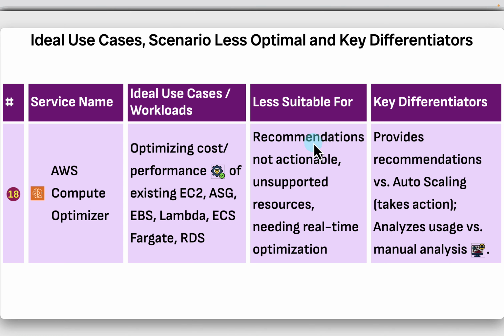It will give recommendations, but you cannot directly act, so you have to manually take action. Also unsupported resources, as not all are supported, only these are supported, and if you need real-time optimization, because it will only provide recommendations. Key differentiators: it provides recommendations versus Auto Scaling where you have to take action. It analyzes usage versus manual analysis.